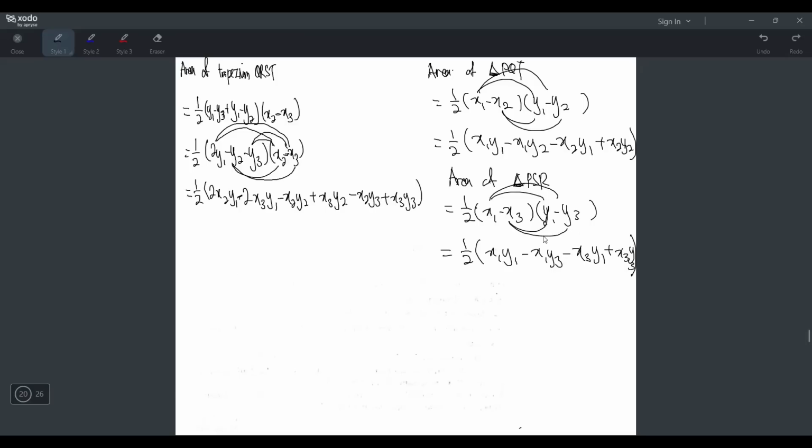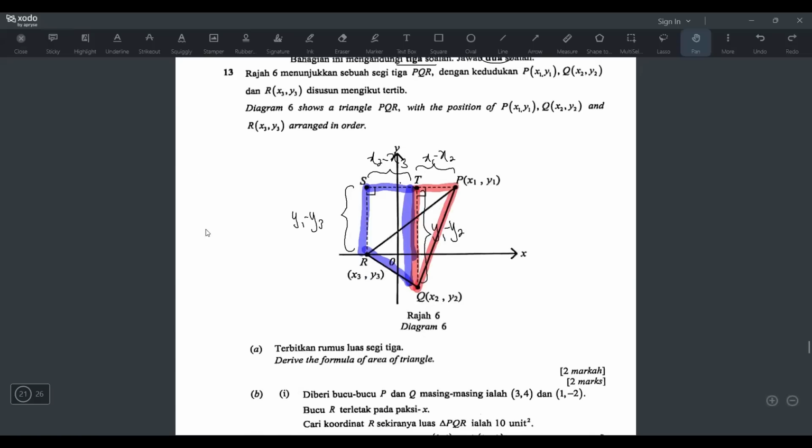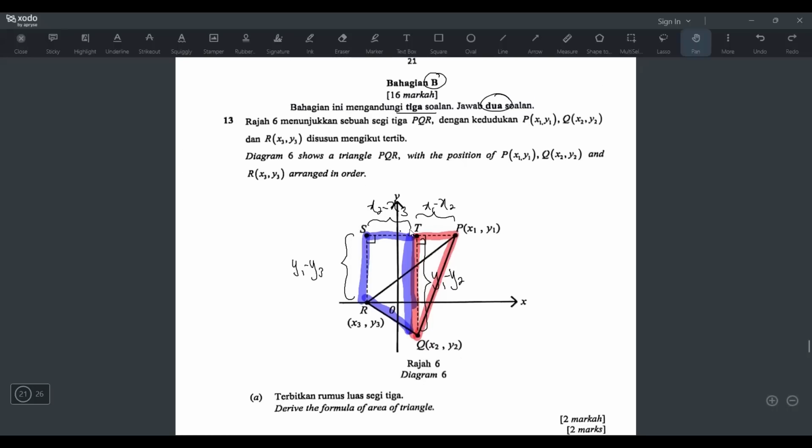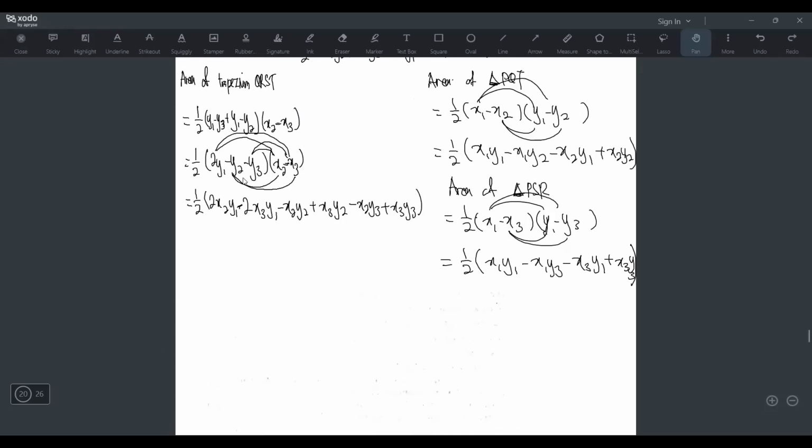Okay, now the next step is what? The next step is to take the trapezium plus the red triangle. The red triangle is the PTQ area, which is this one. So I will take this blue color plus the red color.